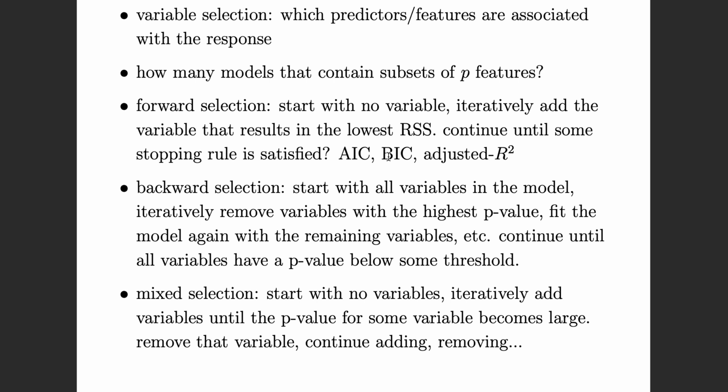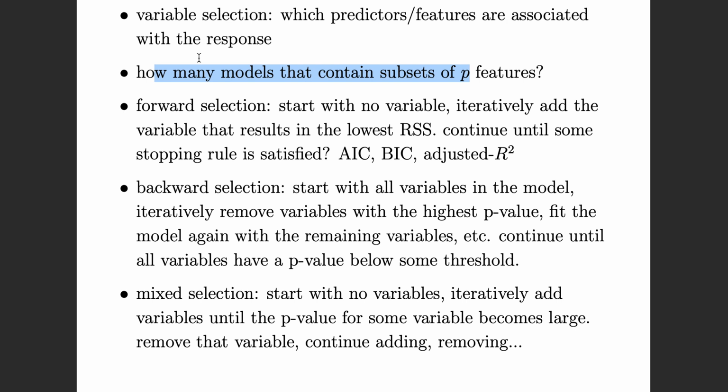And then the question becomes, if we have p features, how many models can we consider? It's 2 to the power of p, because each predictor can be inside or outside.